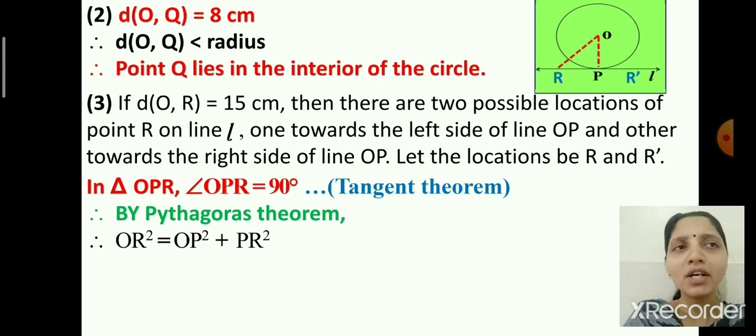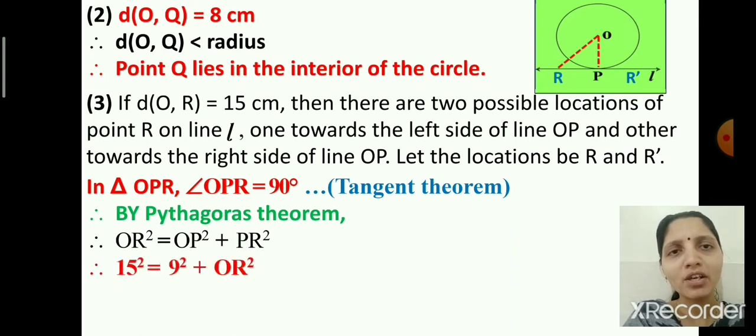Therefore, by Pythagoras theorem we can write OR square is equal to OP square plus PR square. Now substitute the values here. OR is given as 15 and OP is given as 9. So you will get 15 square is equal to 9 square plus PR square.